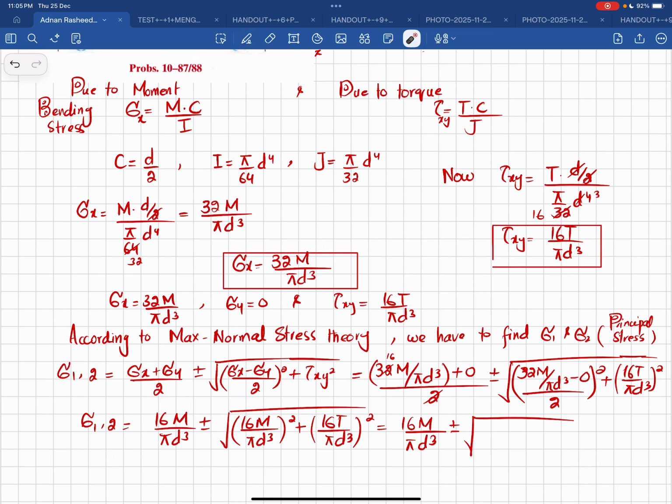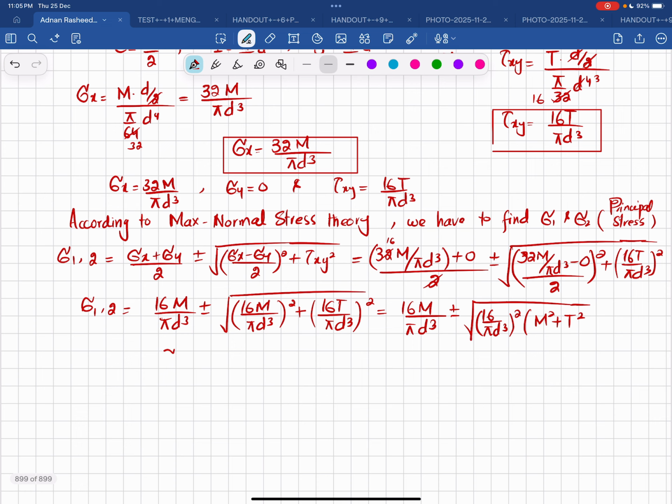Now you can see that 16 over pi d cubed, whole squared, is available in both terms, so we will take it common. So it will be (16 over pi d cubed) whole squared, and we are left with M squared plus T squared. Your sigma 1,2 will be equal to 16M over pi d cubed plus or minus 16 over pi d cubed times the square root of M squared plus T squared.